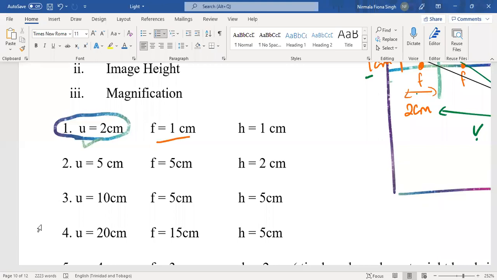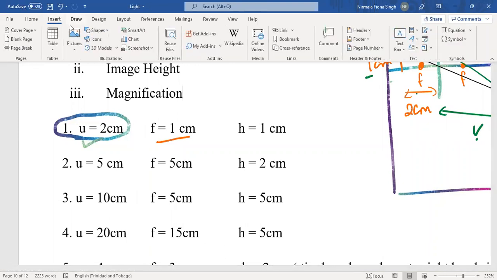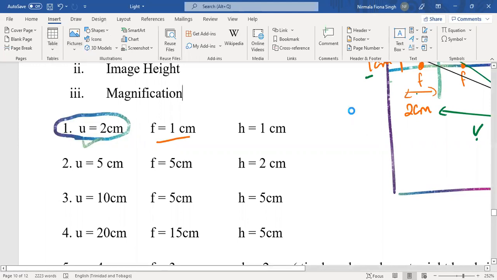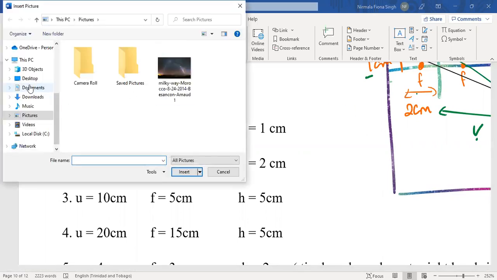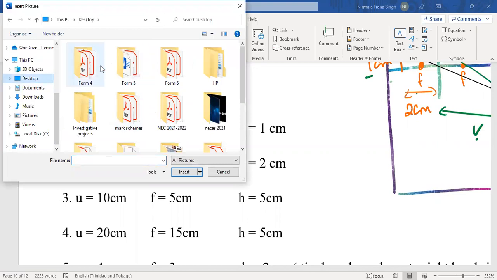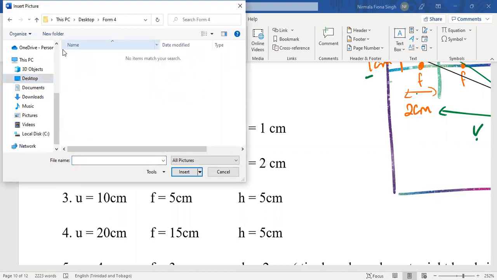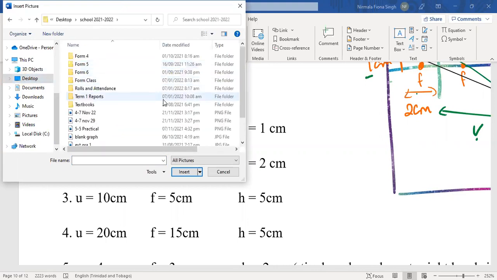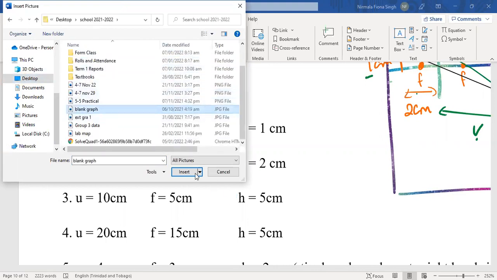All right, so let's pull up some graph paper. Hopefully I can find some. Blank graph.